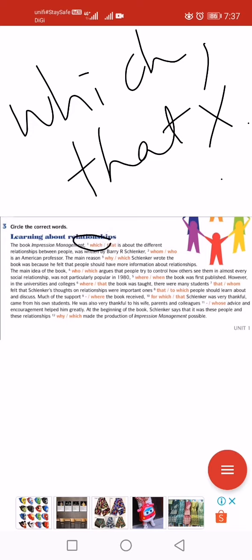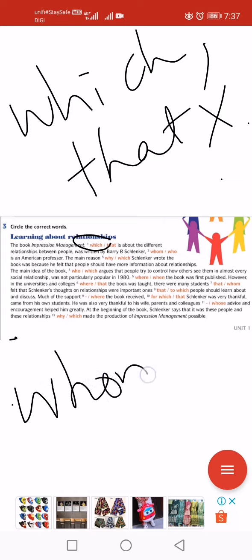Let me enlarge it. The next sentence, about the different relationships between people, was written by Barry R. Schlenker. Which one is the answer, whom or who? Remember how to know.